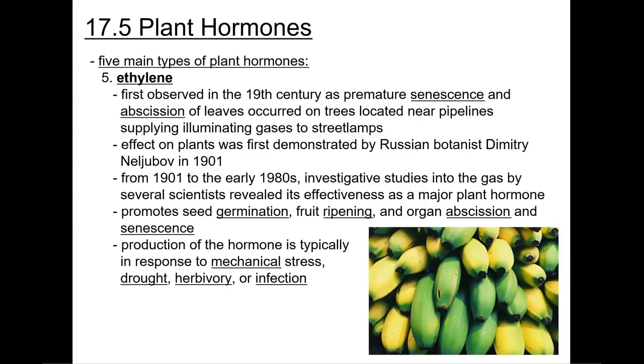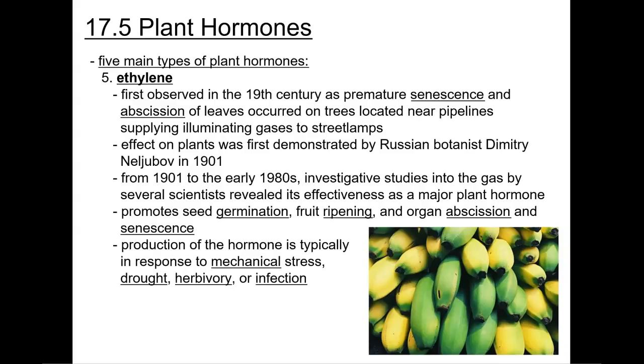It helps to promote seed germination, it helps to ripen fruit, and it helps with organ abscission and senescence. It's used to make things like bananas that you see here ripen early or ripen quickly. Lots of times they will pick fruits like bananas when they are not ripe, but they will spray this hormone on them and then send them off, and they start to ripen as they are transported.